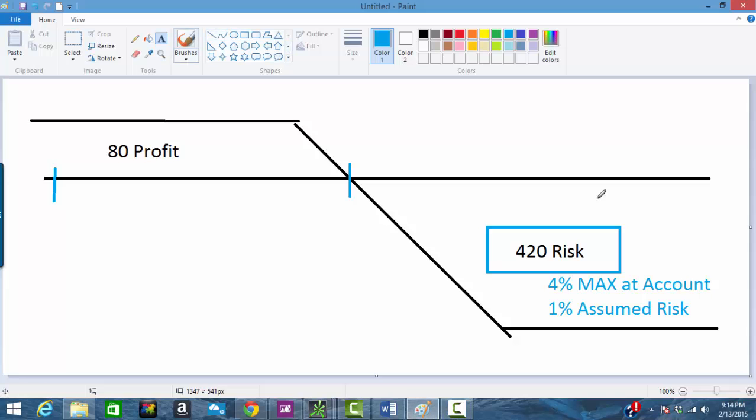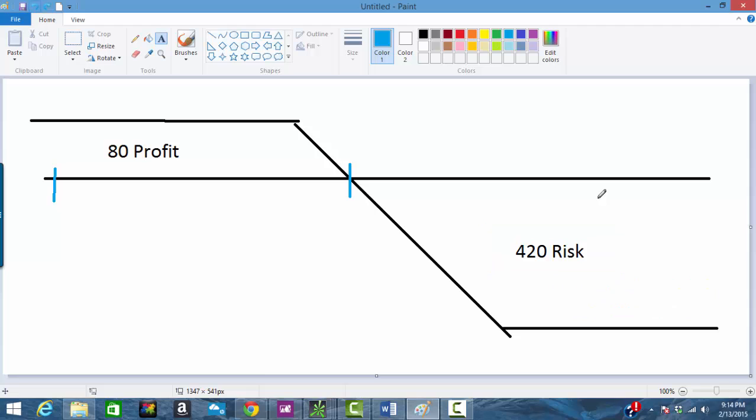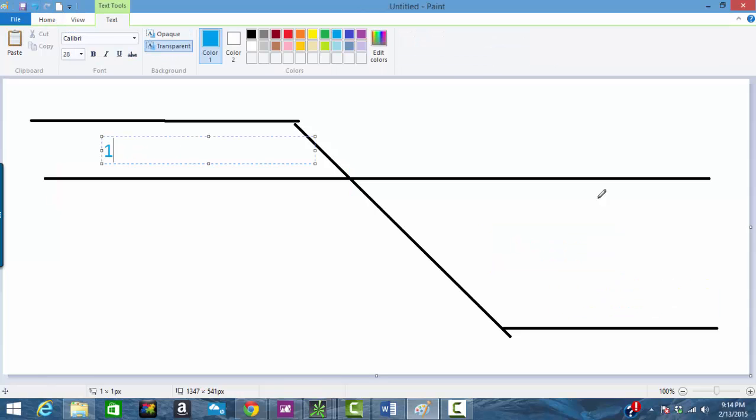So this one, we got to change our amounts. So if we change to April, now we had 100 credit and 400 risk. It changes that dynamic.